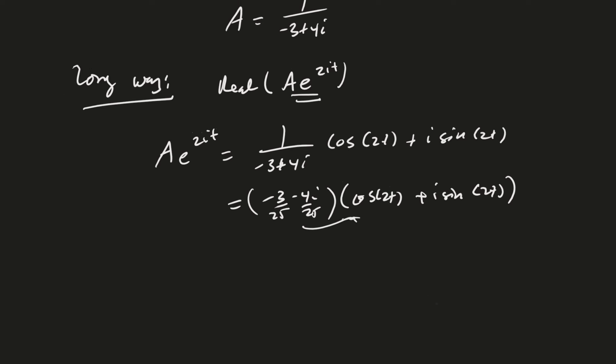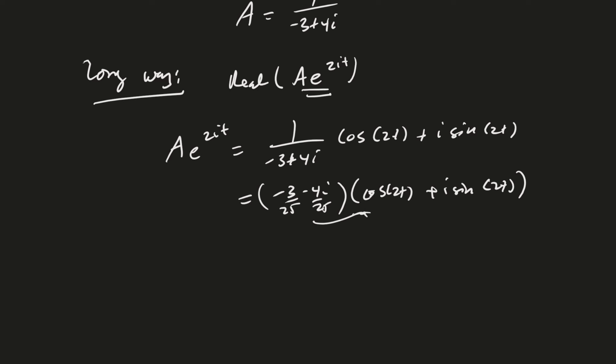However, there is a shortcut. And do you remember what the shortcut is? We can write our particular solution as r cosine of omega t minus delta, where r is equal to 1 over the magnitude of our a.